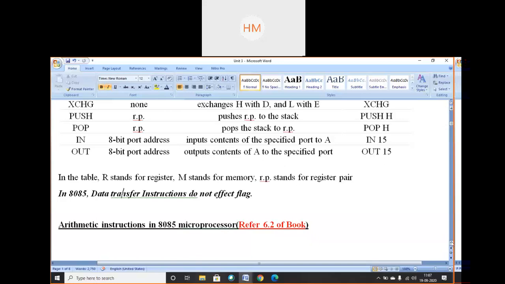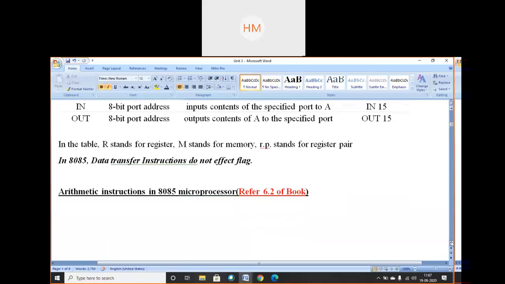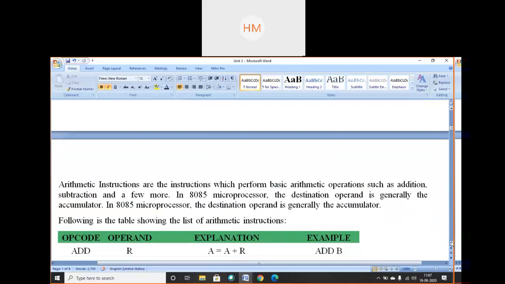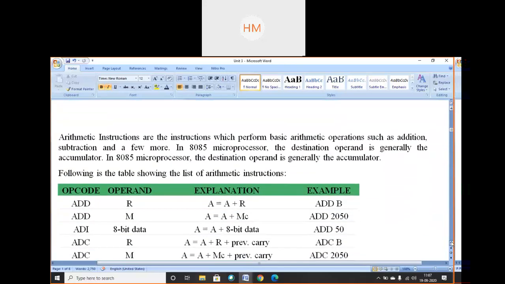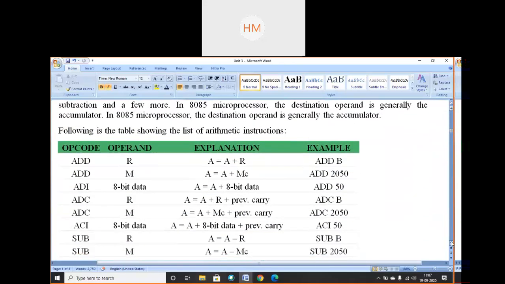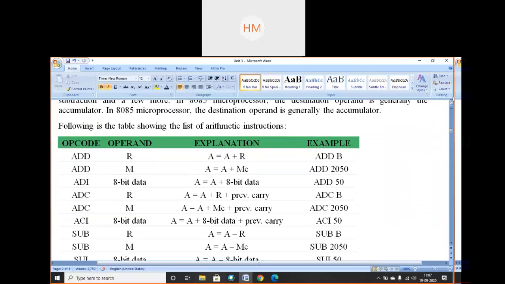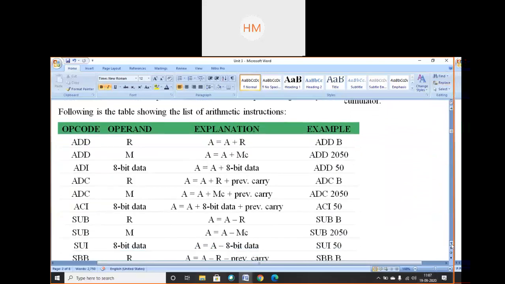So next, arithmetic instructions. This is the list. Just go through it once. Any doubt?